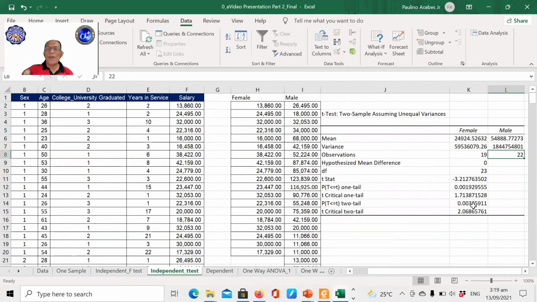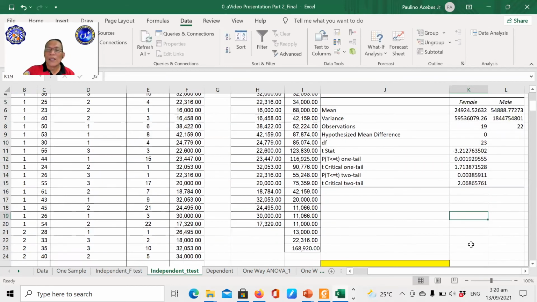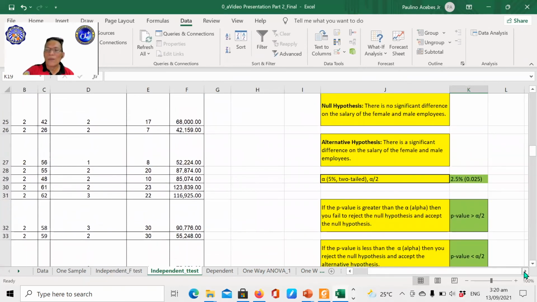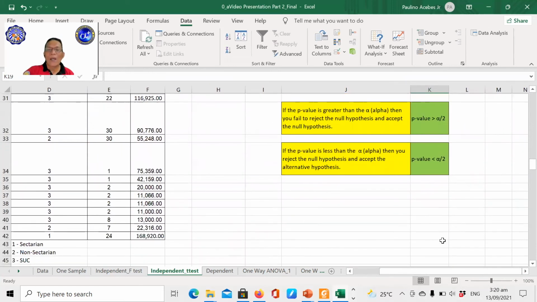Let's try to check. Now, this is our p-value, 0.0038591. So we are going to compare now with alpha over 2. So this is two-tailed. Let me copy this, up to this one. And then we are going to check with the p-value. But we know that the p-value is less than alpha over 2.